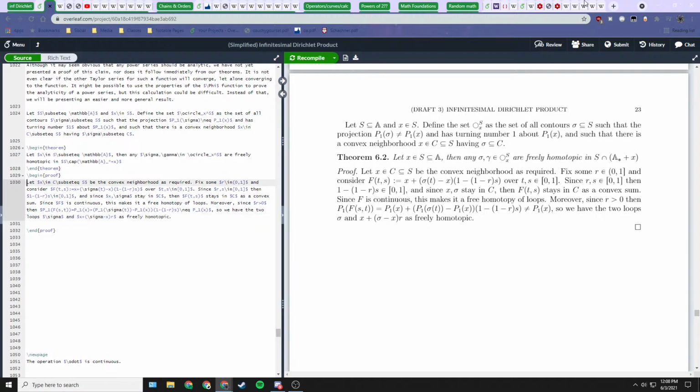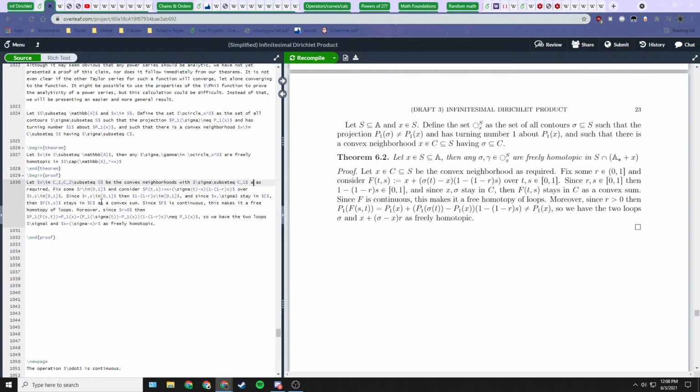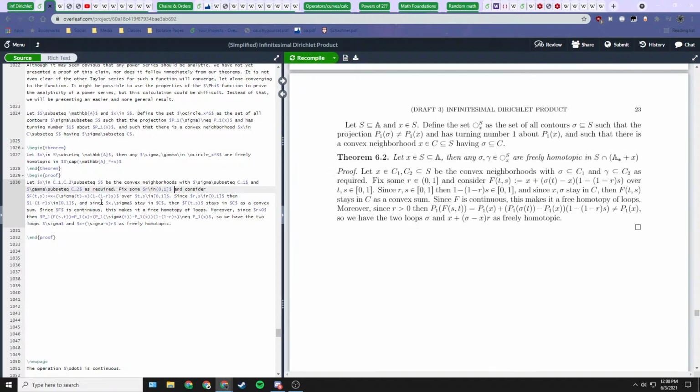So we're going to say let C1 and also C2 be the convex neighborhoods with sigma subset C1 and gamma subset C2, as required.